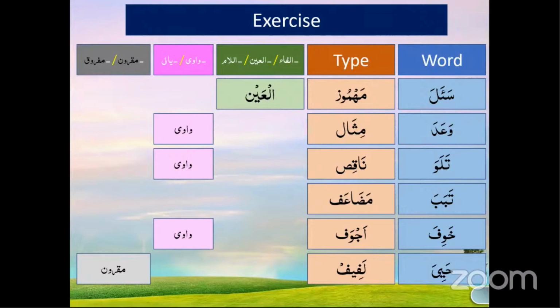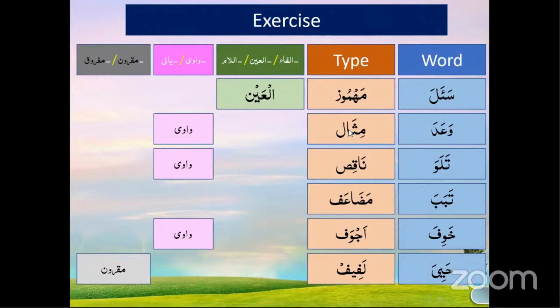Sorry, it's naqis. But why is it not motal? It has a weak letter. Yes. So the top category is motal, but inside the motal category, based on the position of the weak letter, when the weak letter is in the position of lam kalima, the name for that is naqis. Ah, okay. Thank you. Jazakallah khair.